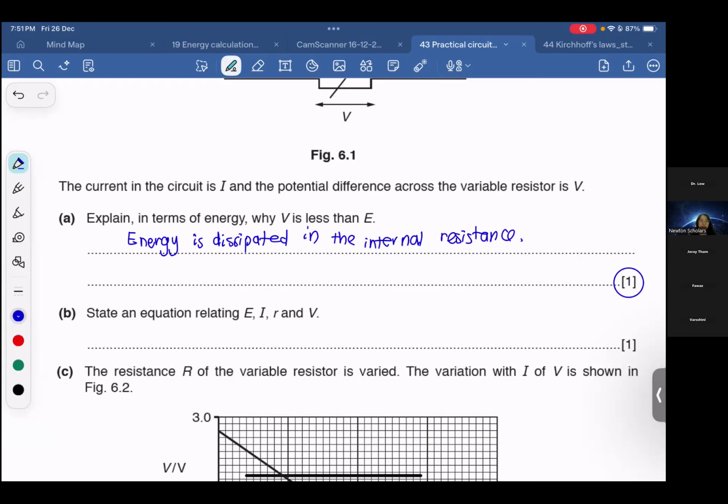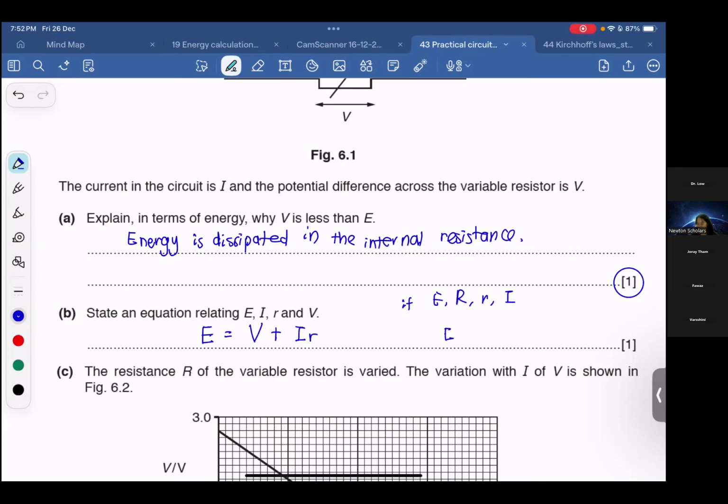State an equation relating E, I, R, V. You should already be familiar with the formula, especially if you graduated from SPM. This is not a new topic for you. So here, EMF is E, E equals V plus Ir. If the question is in terms of E, R, r, I, what is our answer?